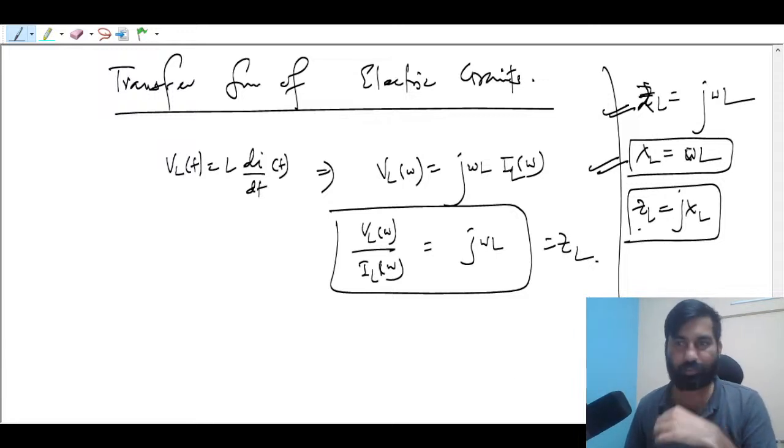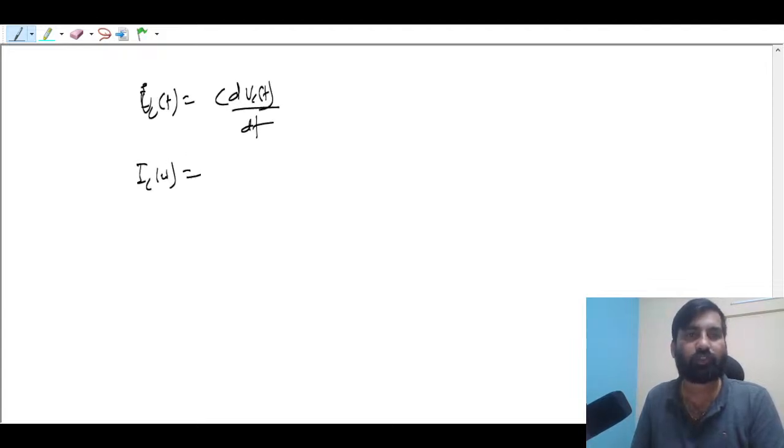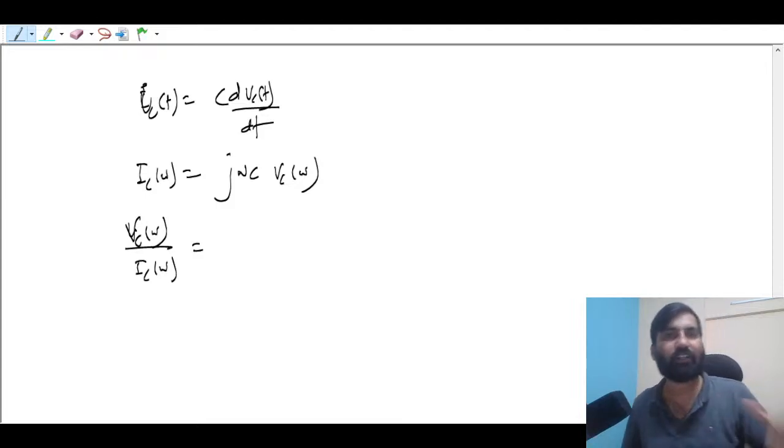ठीक है. In a capacitor also you can recall, i_C(t) equal to C dV_C by dt. So I_C of omega equals j omega C times V_C of omega. Now we take the ratio V_C of omega by I_C of omega, since we want to define the impedance, which should have the dimension of ohm.